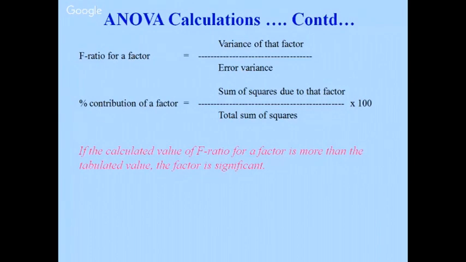F ratio for a factor is variance of that factor divided by error variance. Similarly, percentage contribution is sum of squares due to that factor over total sum of squares multiplied by 100. So basically we don't need any software. What I'm emphasizing here is once you have the conceptual knowledge, you can do it easily on an Excel sheet.